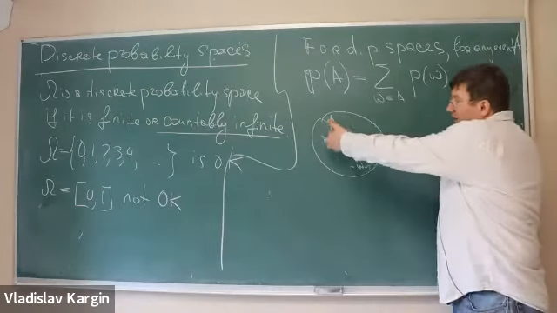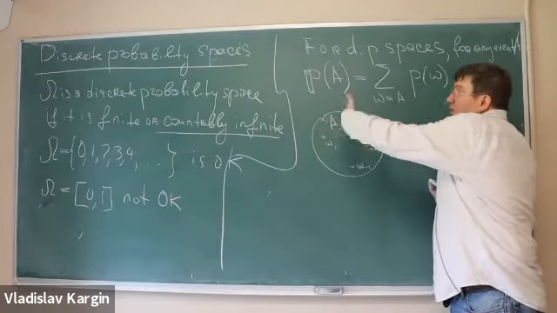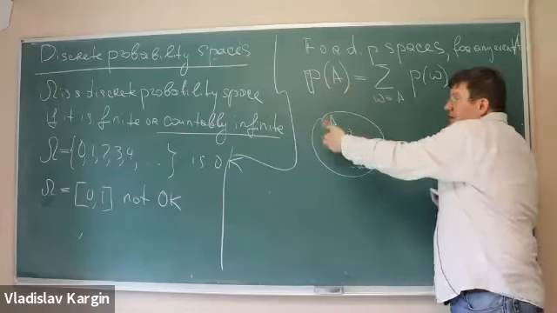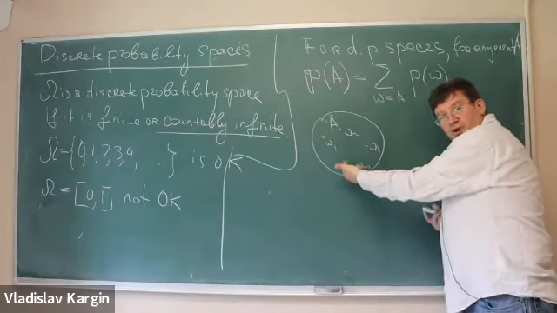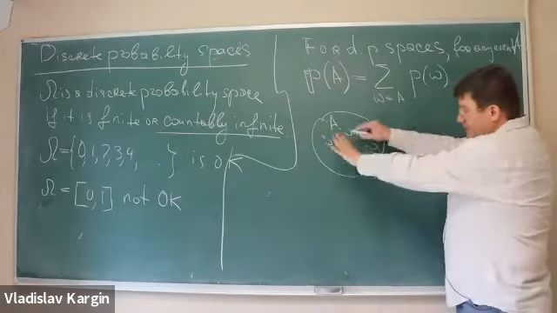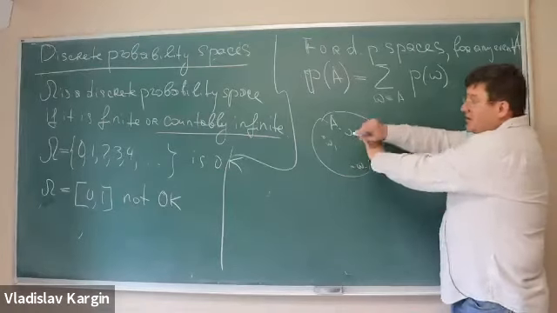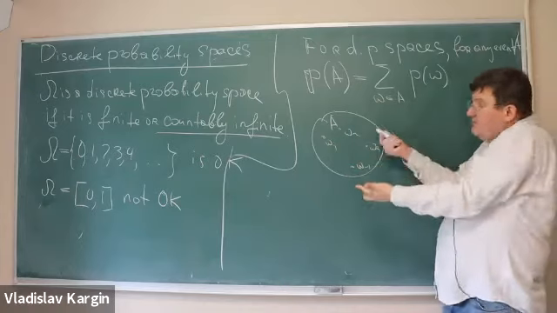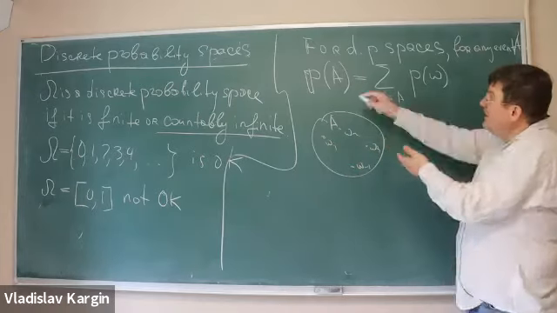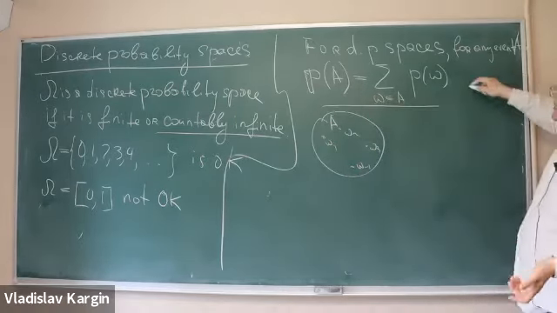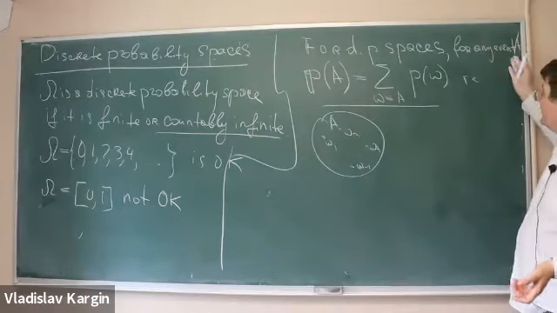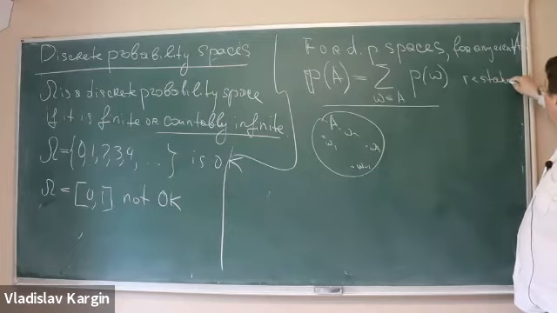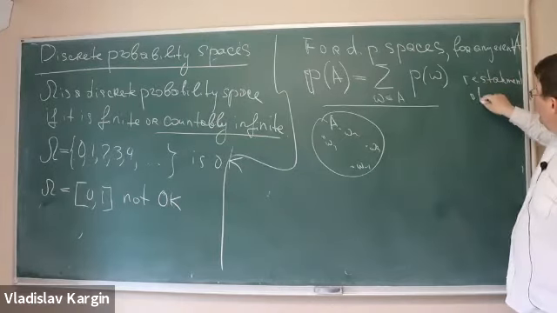By the third axiom, the probability of A is the sum of the probability of each element, because the union of these elements covers all of the set A and they're disjoint. So this equality is just a restatement of the axiom.